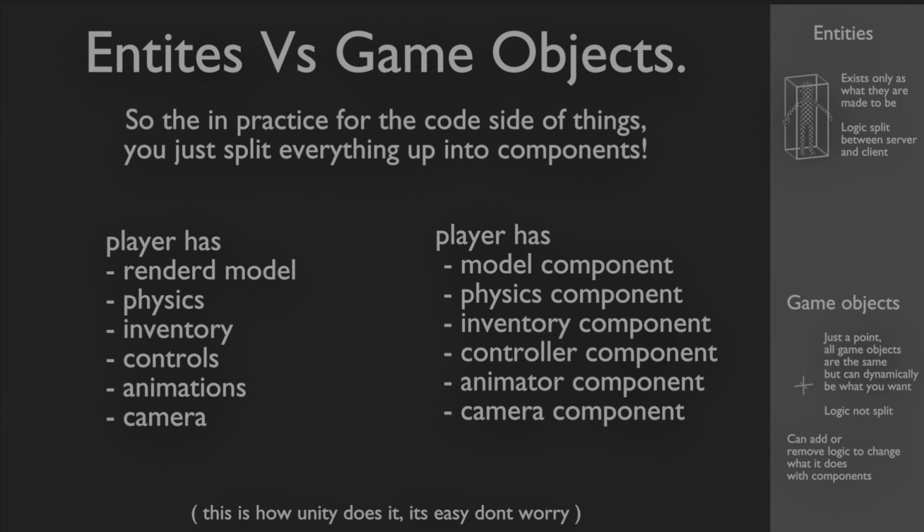You might ask, what happens if I want my animator to play an animation when the controller does something? In that case you just create a reference. In my controller component, I want a reference to the animator component. If there is a reference, then I just play a jump animation on the animator when I have a jump input, and that's all you need to do.